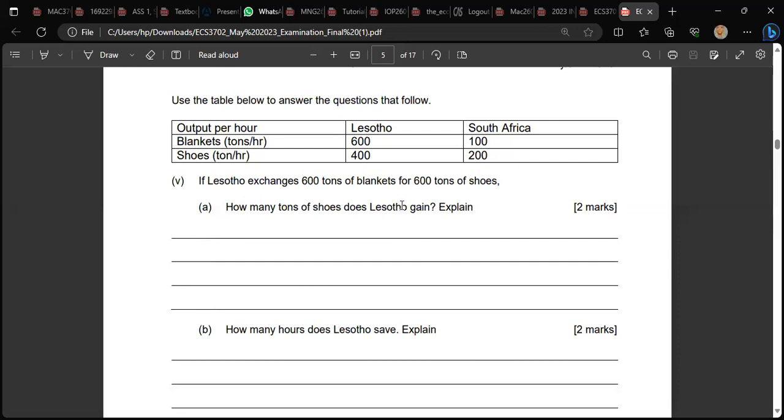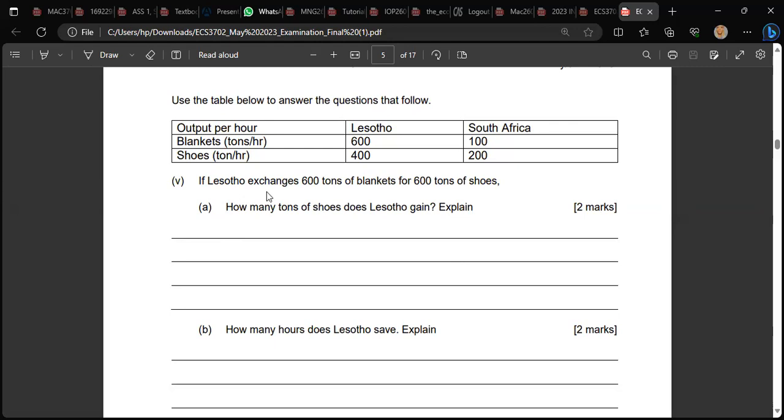So you first calculate on A, you get your 200 shoes, and then B, how many hours your 200 shoes are worth. Then you come here, you can already observe that 1 hour is 400 shoes, which means 200 is going to be half an hour. That's going to be 30 minutes. So they've basically saved half an hour. Then you get your 2 marks.